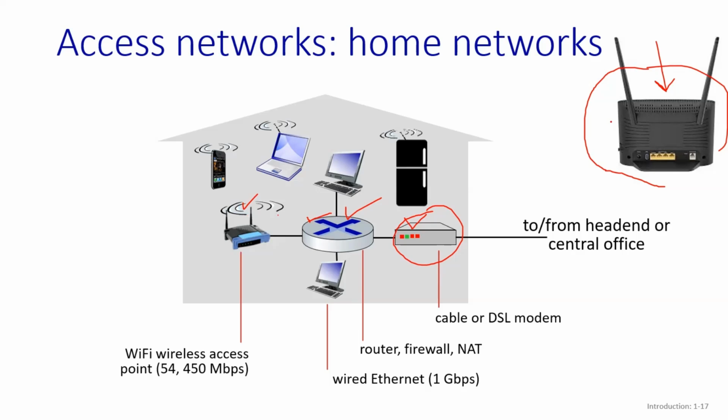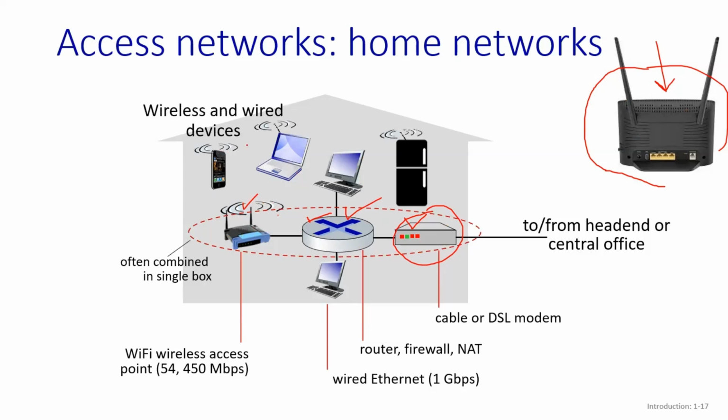Your smartphone may be connected using Wi-Fi. That Wi-Fi is actually provided to you by the wireless access point, which is present inside your DSL modem. So we have these three devices present in this single box, which is the DSL modem, often combined in a single box.